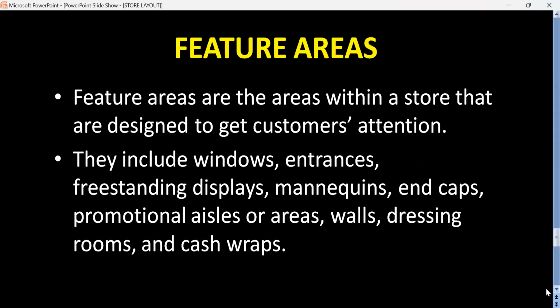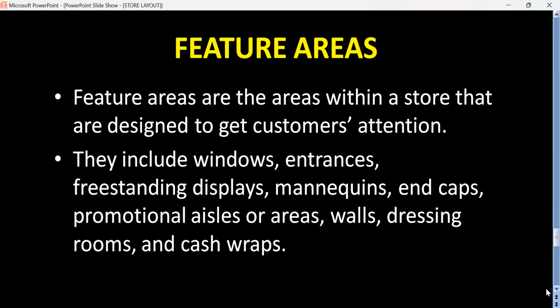And when we talk about feature areas, these are the points where they get the maximum attention of the customer, like the windows, the entrances, the facade, the freestanding displays, the mannequins, end caps, promotional styles, the walls, the dressing rooms, the cash wraps, and all these areas are called feature areas.